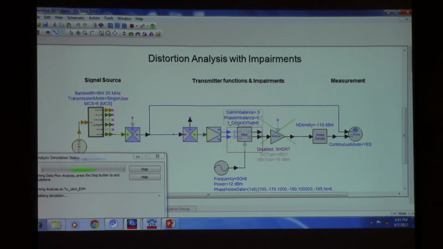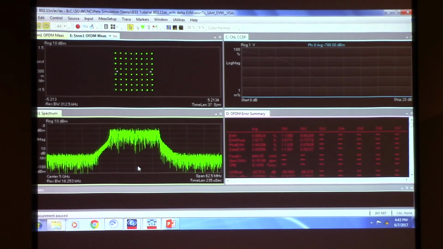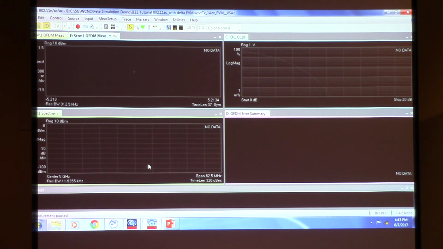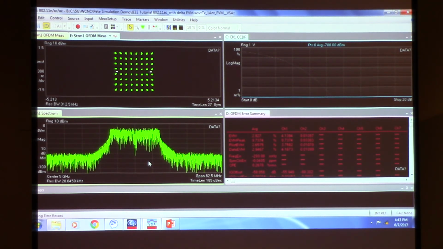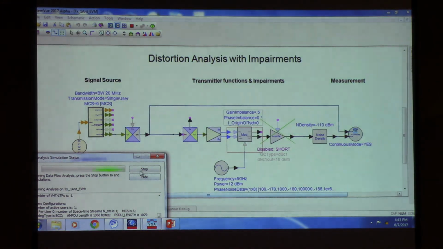So I changed the gain imbalance to 0.5 dB. And now you can clearly see some dispersion on the constellation as a result of the gain imbalance. So if you were working with analog modulators, this is something that you would need to be concerned with.